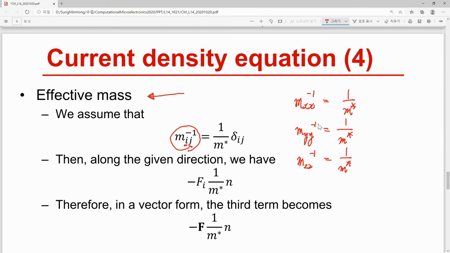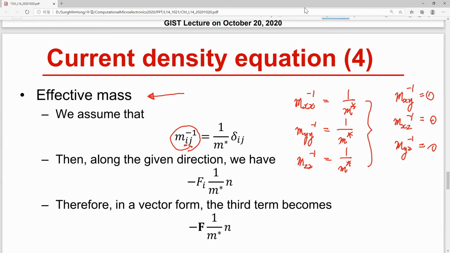They are all the same. And how about the other non-diagonal terms, for example m_xy, m_xz, or m_yz? Those terms vanish from our assumption.